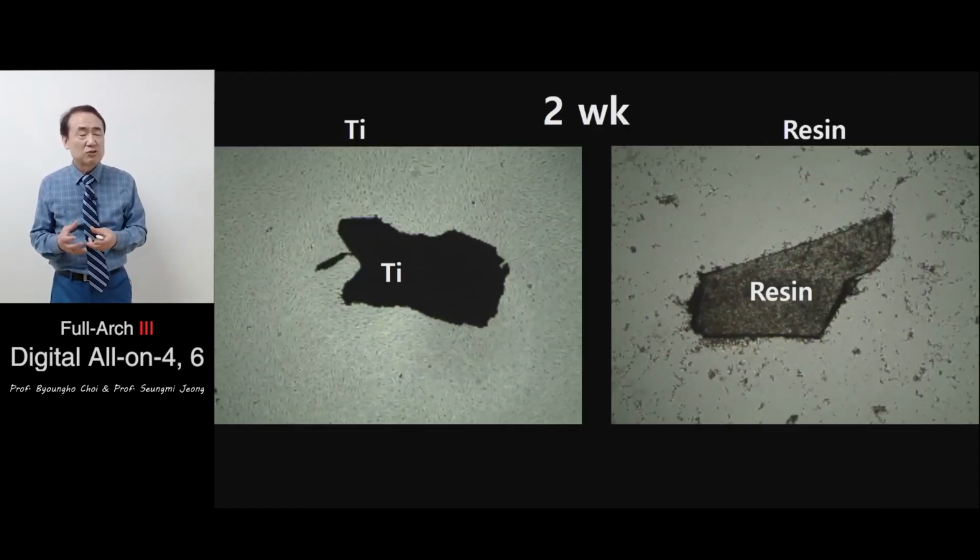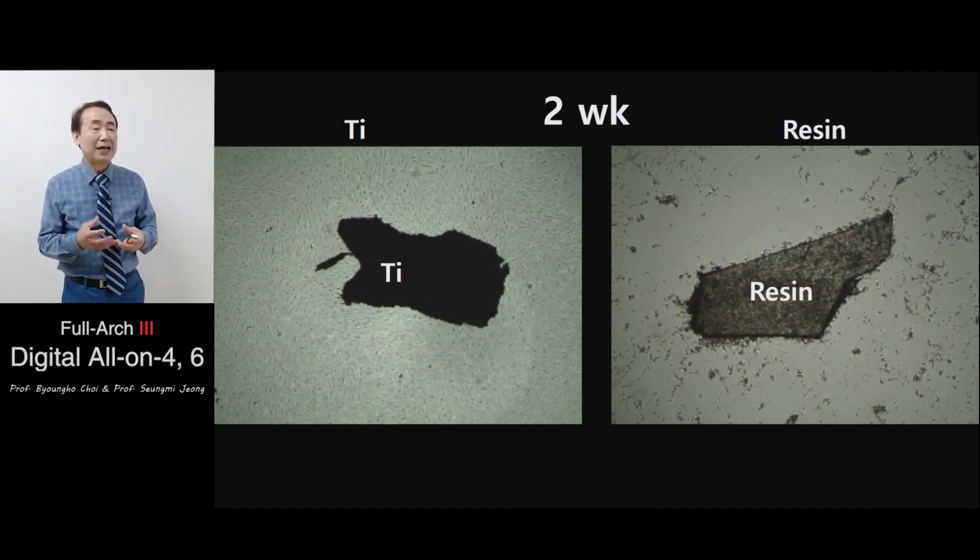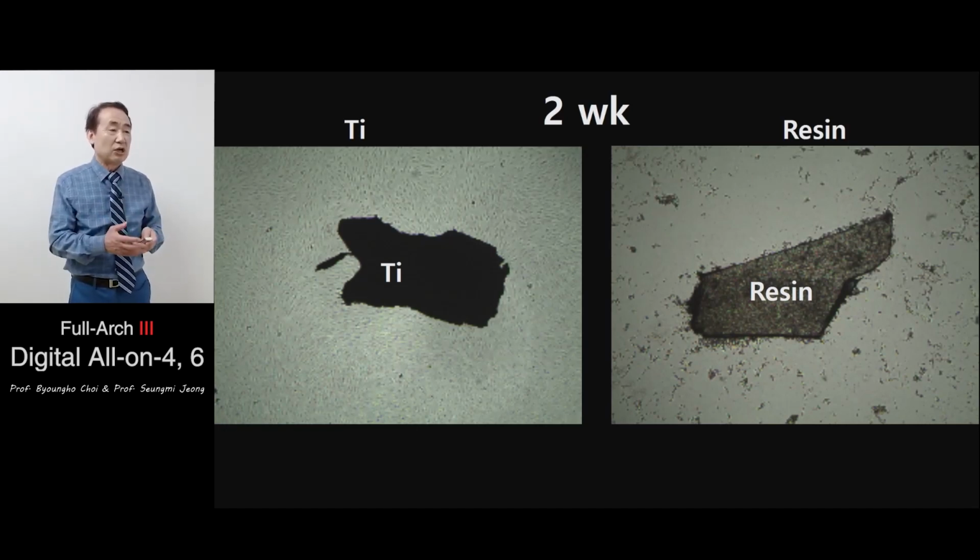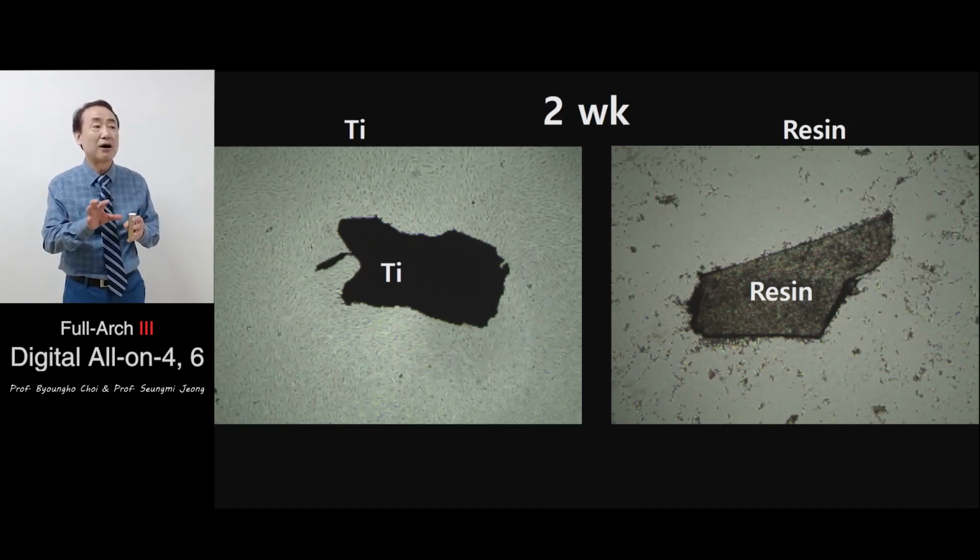We put titanium fragments and resin fragments on the culture plate. After 2 weeks of culture, all cells surrounding the titanium fragment were growing, but all cells around the resin fragment were dead.